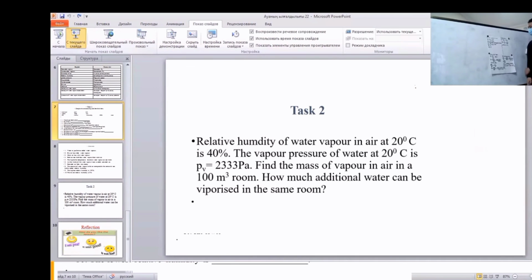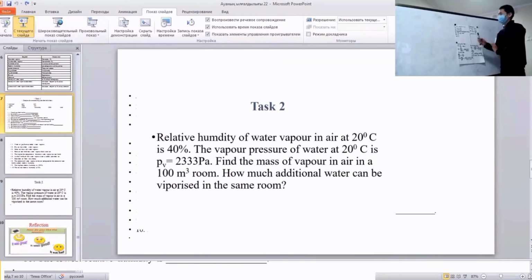Given: temperature 20 Celsius, humidity 40%, pressure, molecular mass, R. Find M1 and delta M.